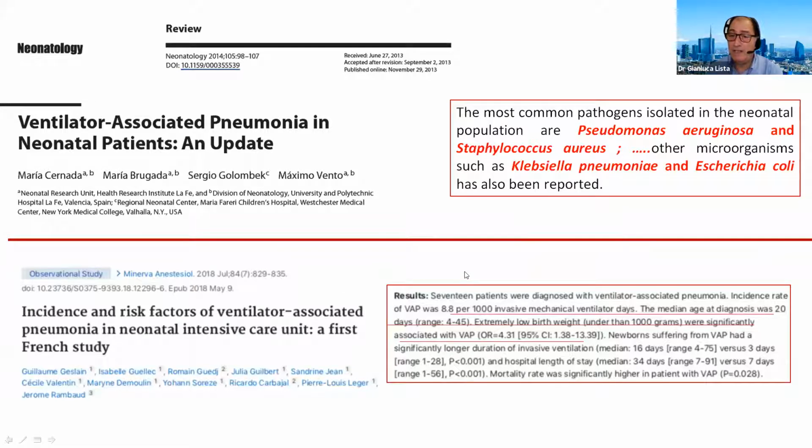The more prolonged the mechanical ventilation, the higher the risk of ventilator-associated pneumonia. And with the occurrence of ventilator-associated pneumonia, there is an increased risk of prolonging your mechanical ventilation, so you can increase the risk of bronchopulmonary dysplasia.